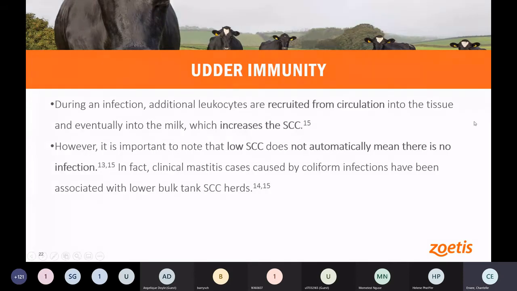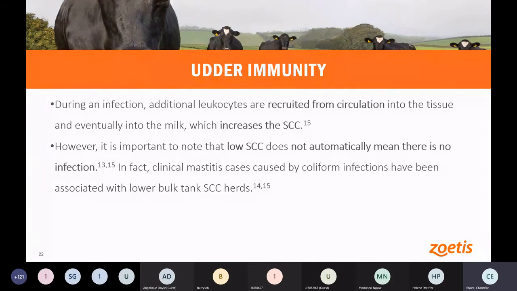What happens during an infection is that leukocytes are recruited from the circulation, and how quickly they are able to move from the circulation into the tissue and then into the milk is very, very important, because that determines how effective the immune response to the pathogen is going to be.